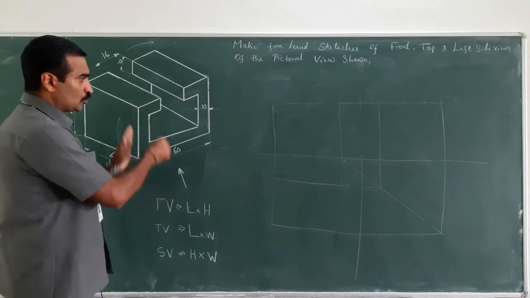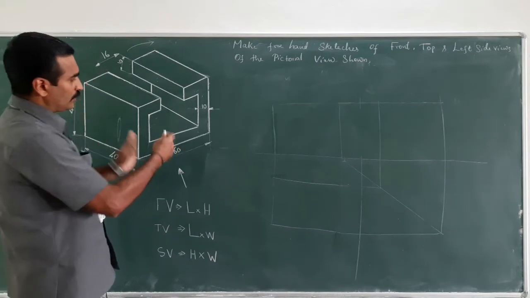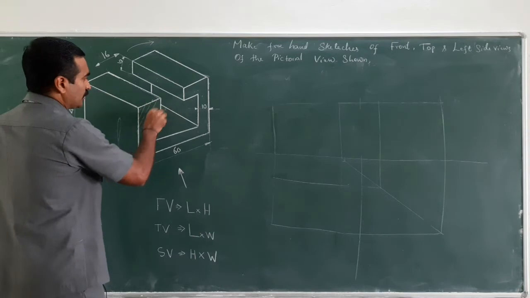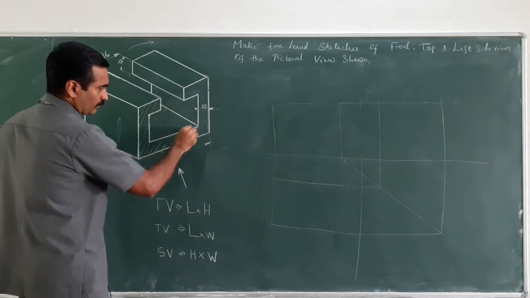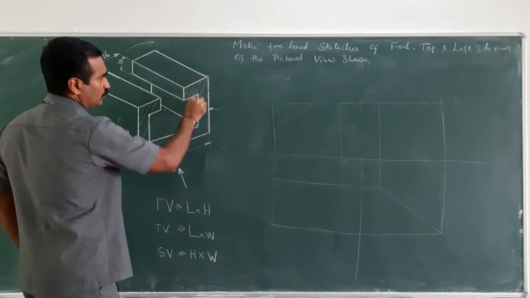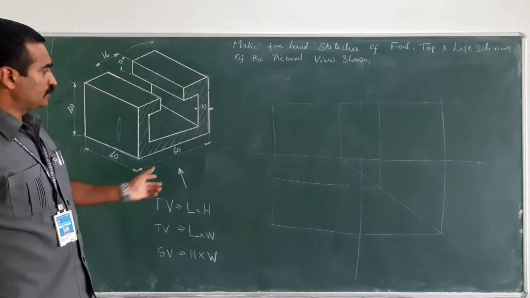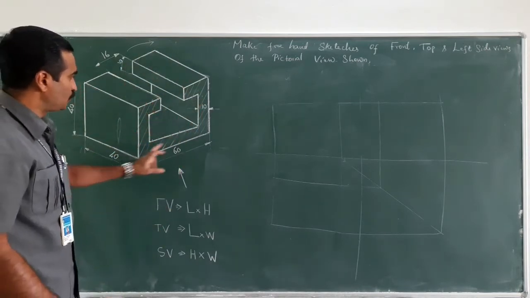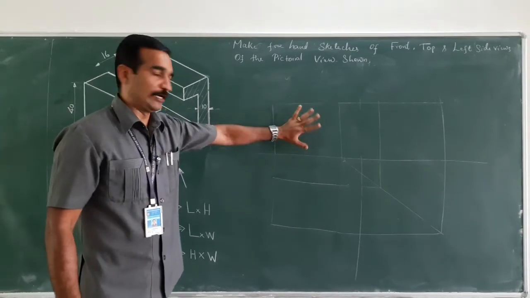So now I am going to view it here. When you look at this object orthogonally, these are the portions that would be visible when I view it at 90 degree, that means perpendicular to the object. The object is being tilted, right? So this portion I have to reflect here for the front view.